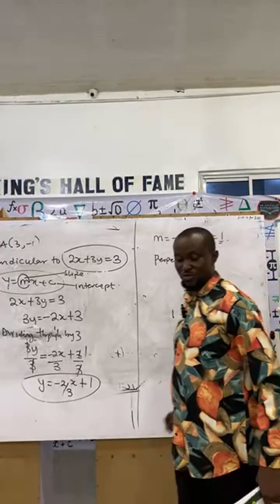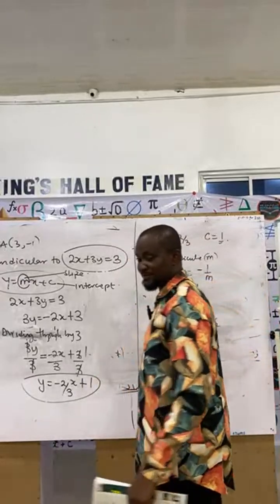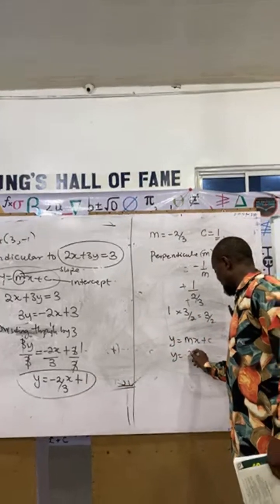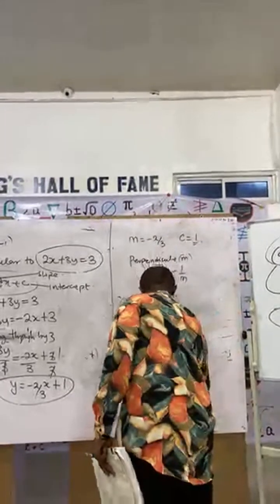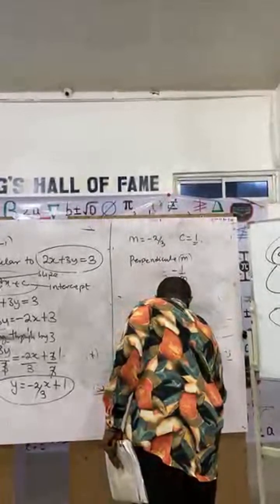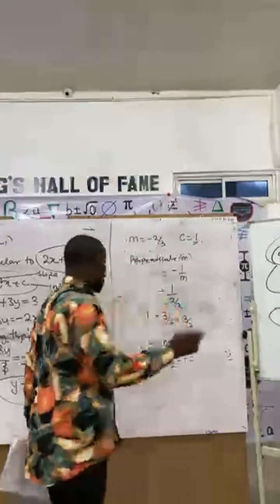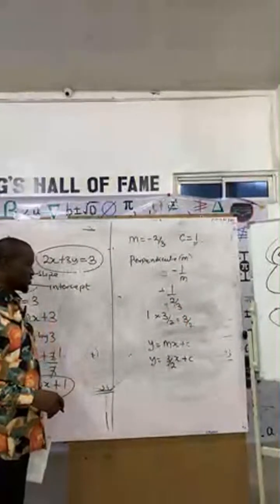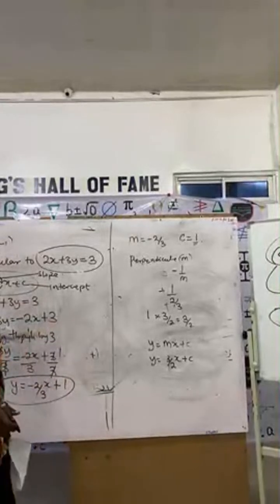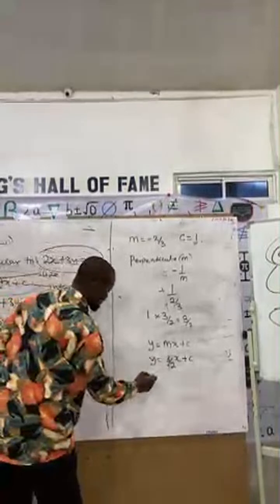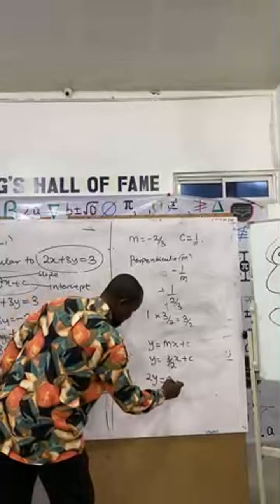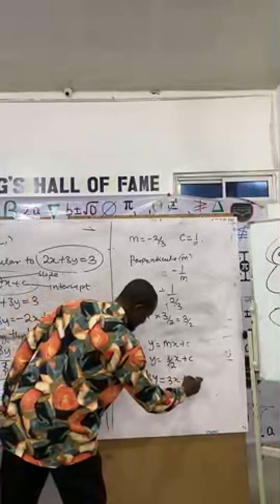So we have y equals 3 over 2 x plus c. We can multiply all through by 2, so that we can remove that 2. Multiply through by 2, plus another what? 2y equals 3x plus 2c.